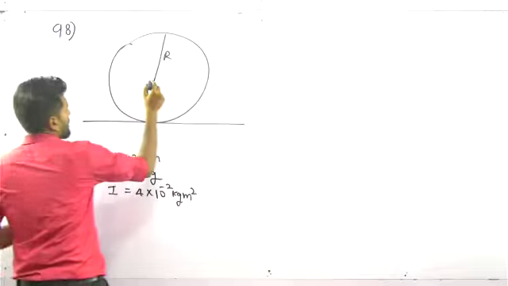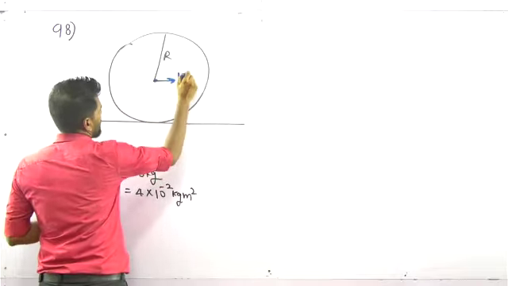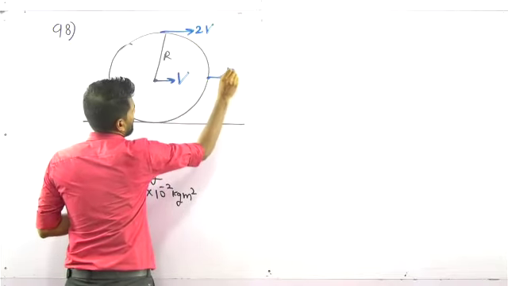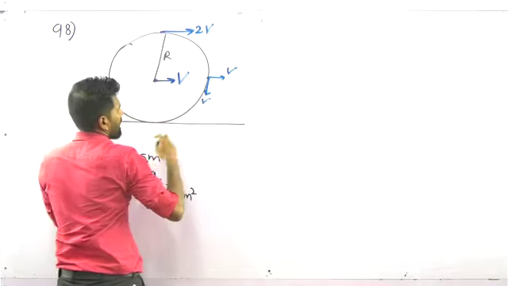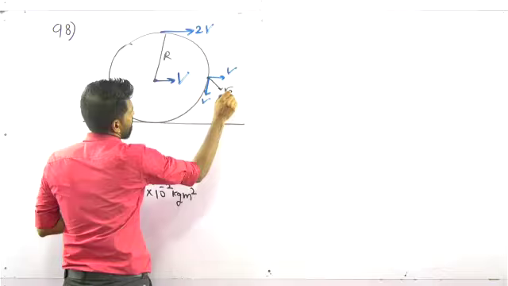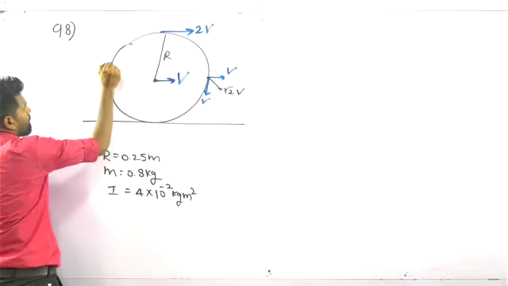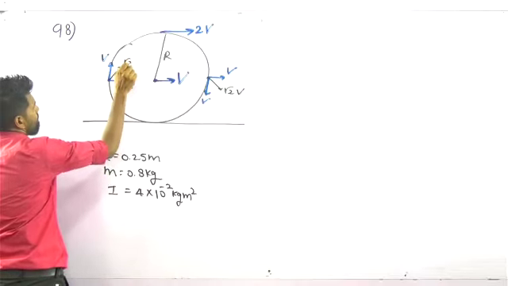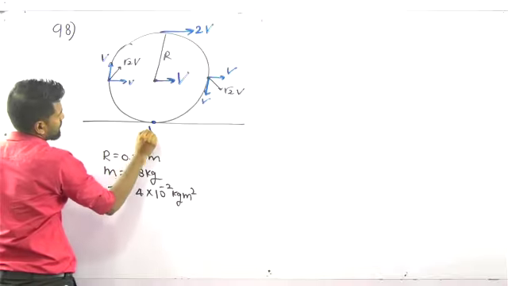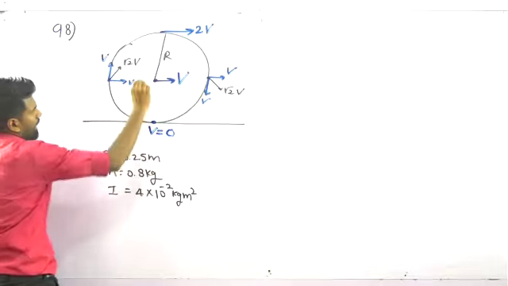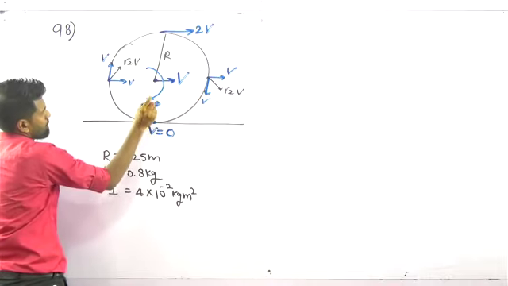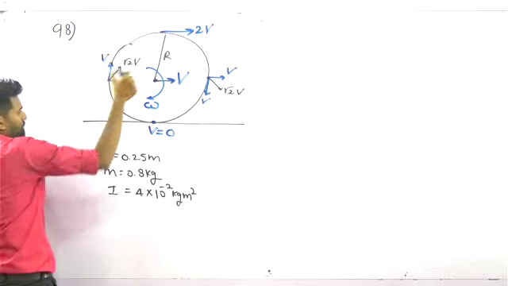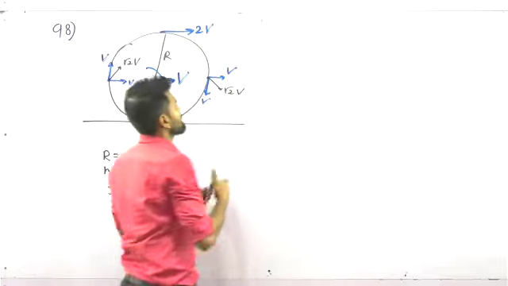So in rolling, the center will have a velocity v, while the topmost point has a velocity 2v. At the sides, v with a perpendicular v will end up as a root 2 v resultant. And at the bottommost point, velocity is 0, cancelled out to two sides. And omega is also present. You can use this straight away, but if they ask, you should know the method.